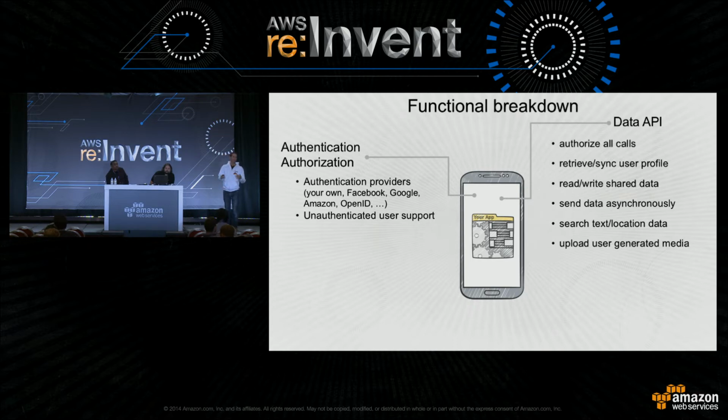Then, you take a picture or you want to upload a video, you need to have a functionality to upload user-generated data. And then, really important, because you need to know what is going on on the device, you need to upload analytics data. And there are some use cases where you want to process real-time data. And for that, you might have the need to have a special data API as well.